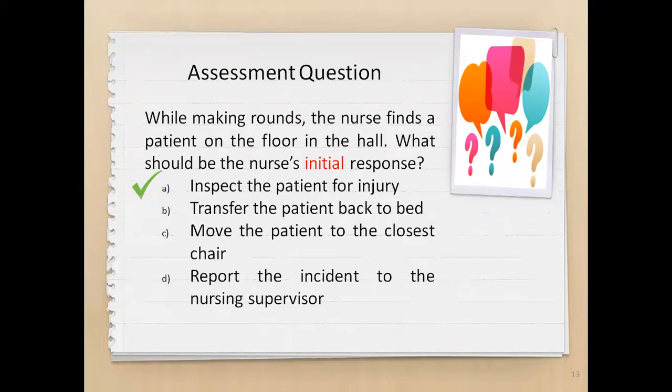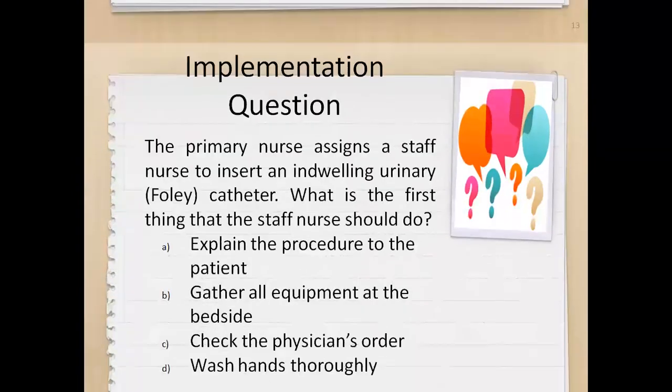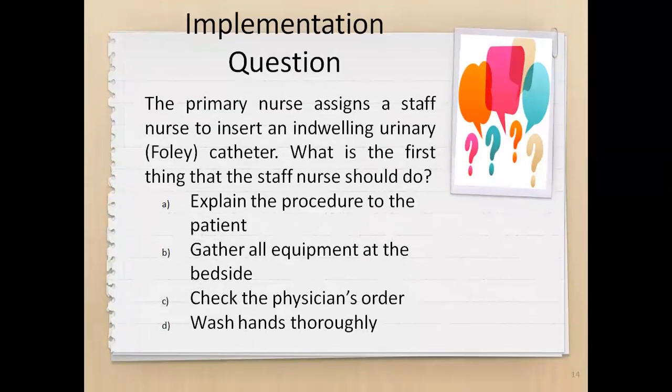Okay, so assessment first. Next, in the implementation question, the primary nurse assigns a staff nurse to insert an indwelling urinary Foley catheter. What is the first thing that the staff nurse should do? Is it A, explain the procedure to the patient, B, gather all equipment at the bedside, C, check the physician's order, or D, wash hands thoroughly?